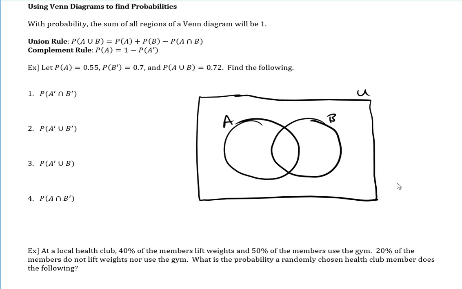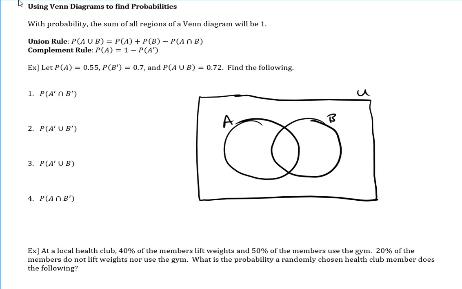Then we're taking the same strategy that we had from back when we were doing cardinal numbers. I'm going to look at these things and see if I can use them. The probability of A equaling 0.55 means that these 2 regions of A need to add up to 0.55. Since I can't use that right now, I need to move on. The probability of not B is 0.7.